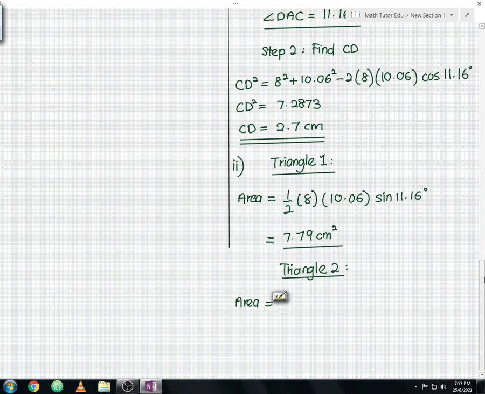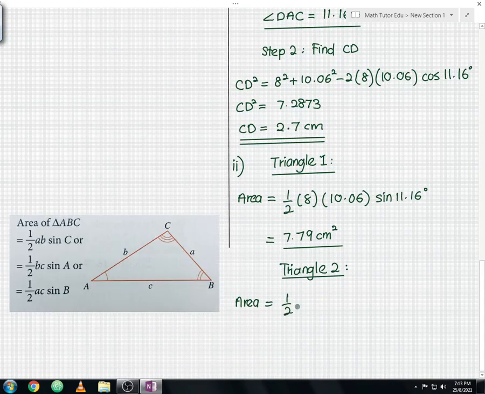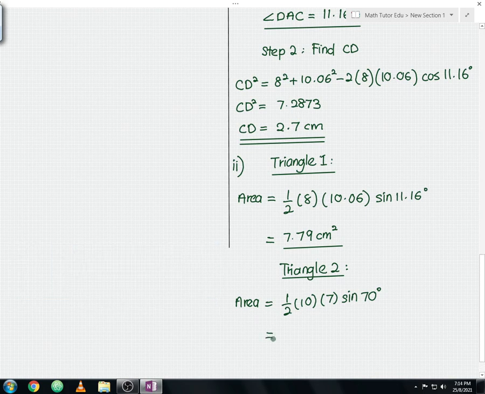Okay, half times with 10, okay, and then you times with 7, okay, and you times with sine 70 degree. Okay, you calculate this. You should get your area of triangle 2 is equals to 32.89 centimeter square. So from here your second area is 32.89 centimeter square. So let me underline the triangle 2.